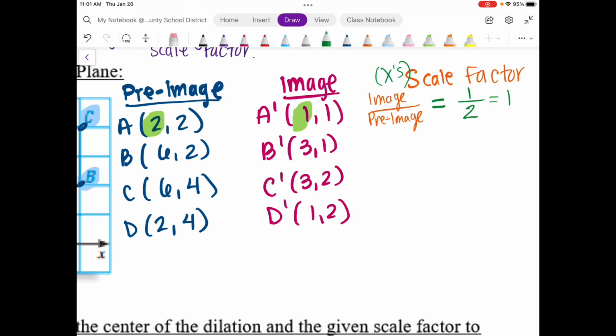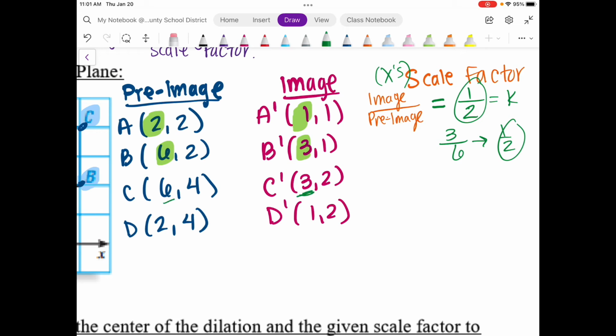So this should be the scale factor, but I'm going to try that with all of them just to double check. So if I go down to B, my x value for the new one is 3, and my x value was 6. So when I reduce that, it reduces to the same thing, the 1/2. It should. Otherwise you're doing it wrong.